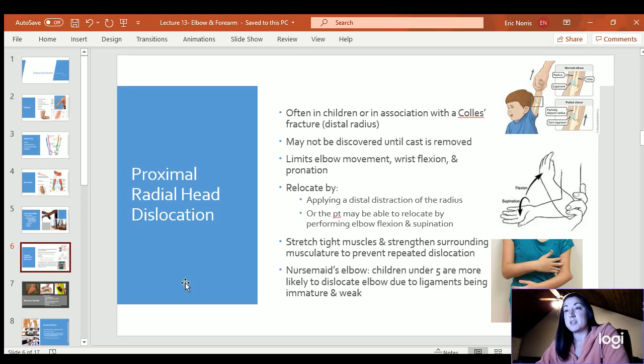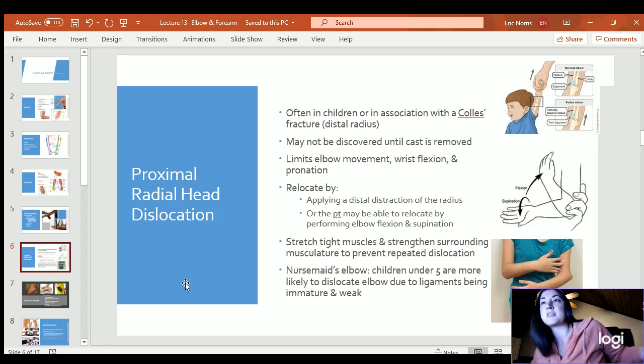Okay, one of the ailments that can occur at the elbow is a proximal radial head dislocation. So this most often happens in children, especially those under 5. And we call that nursemaid's elbow because, as you see in the picture, it's usually somebody holding the child's hand and kind of pulling it up, especially if you're walking through a parking lot or something.